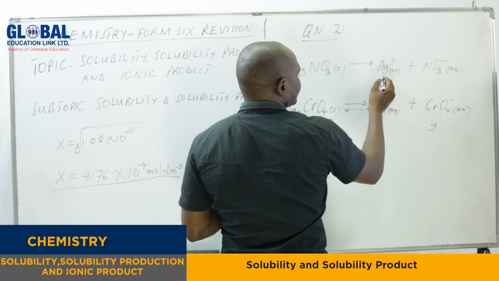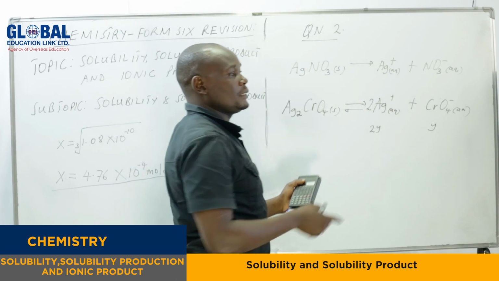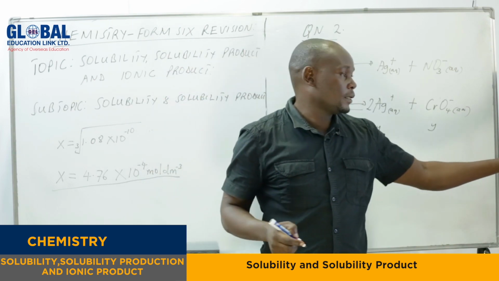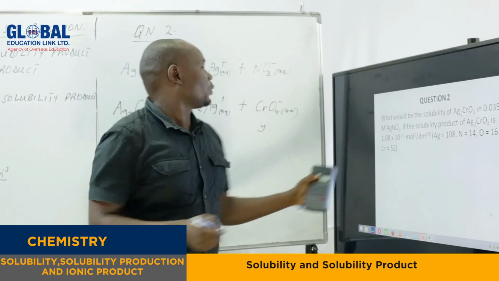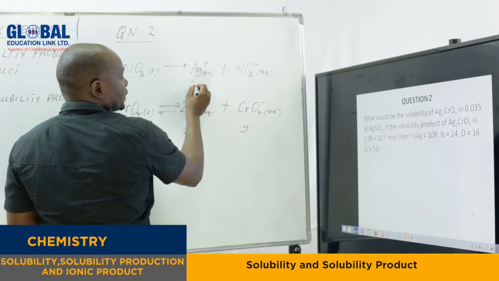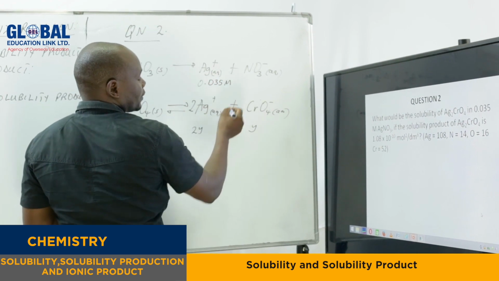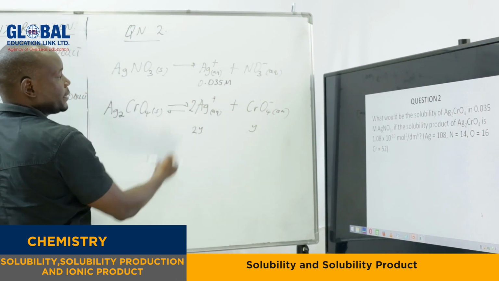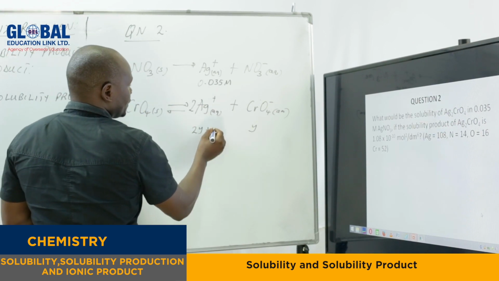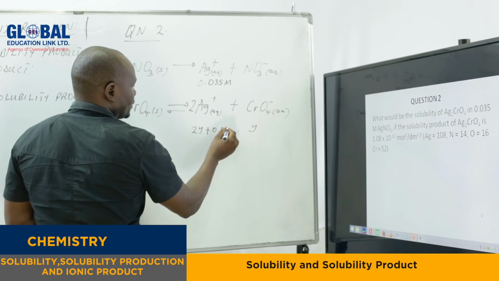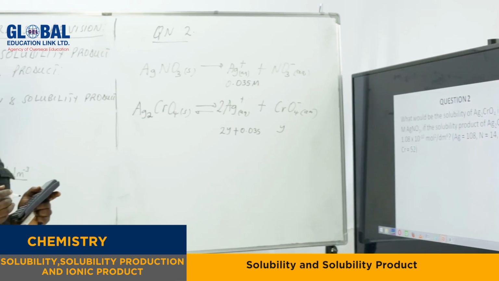But silver nitrate here also releases silver, and the concentration of silver, if we go to the question, we have been told that it is 0.035 molar. So this is the common ion, that therefore here this will be adding 0.035 to the concentration of silver ions.